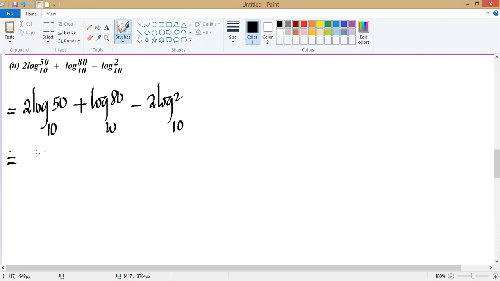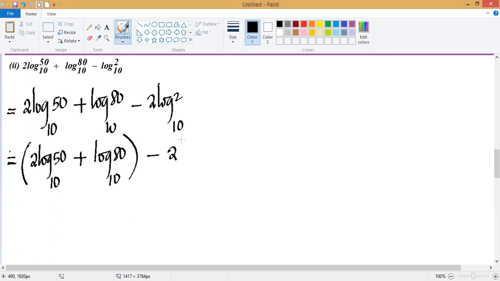We open brackets: 2 log 50 base 10 plus log 80 base 10, close brackets, minus 2 log 2 base 10. Good.